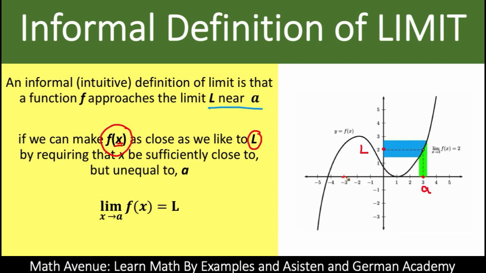The x values are the values in the horizontal axis. And if you have a specific value x here, then there is a corresponding y value here, which we call f of x.